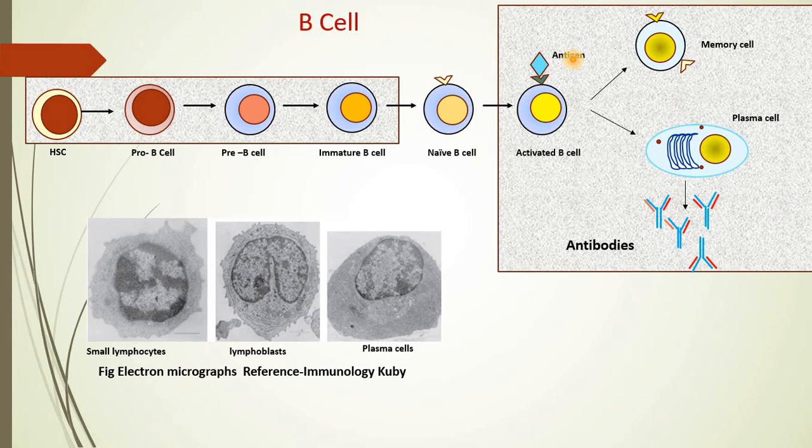If this happens again, then instead of naive B cells getting stimulated to become activated B cells, the memory B cells, because they know the presence of the antigen and its chemical nature, immediately get transformed into plasma cells, and these plasma cells once again start releasing the same type of antibodies. Hence the B cells form a part of the humoral type of immune response.